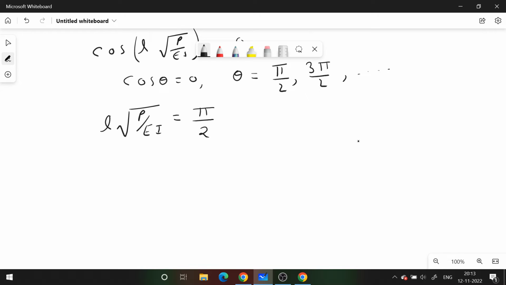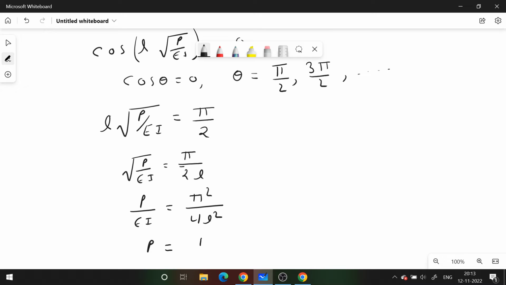Now from here, under root P upon EI is equal to pi by 2L, or P upon EI is equal to pi square upon 4L square, or P is equal to pi square EI upon 4L square.